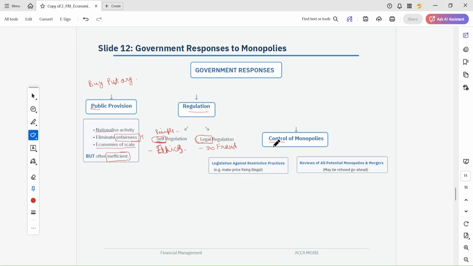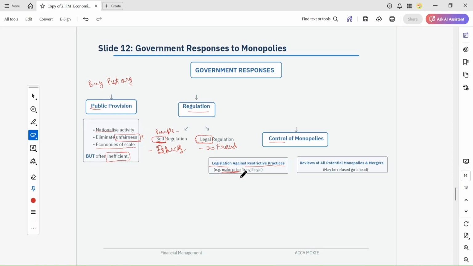Next is the control of monopolies. The government also controls monopolies through legislation against restrictive practices. You know that monopoly companies can charge whatever price they can. Usually monopoly companies can increase the price whenever they can.